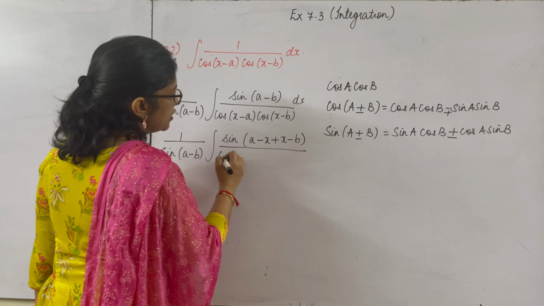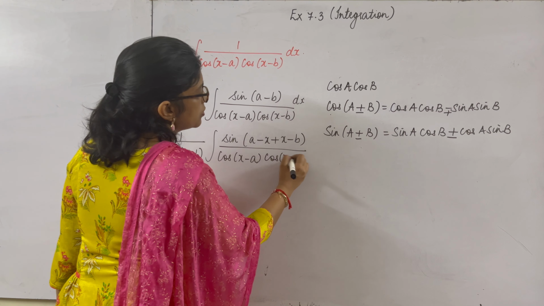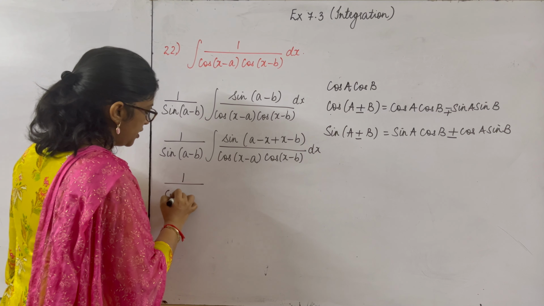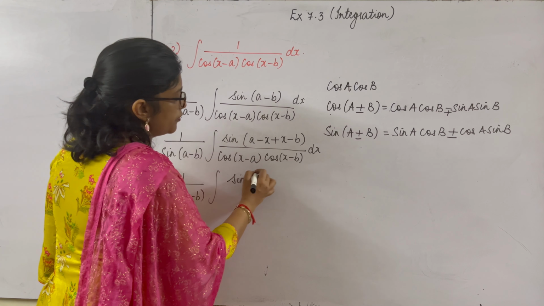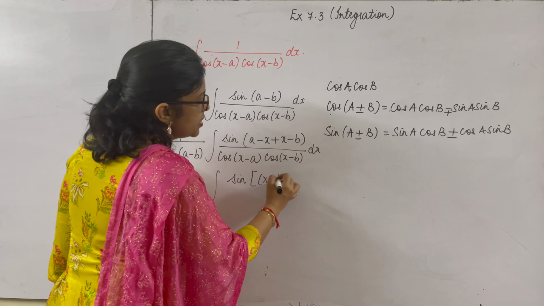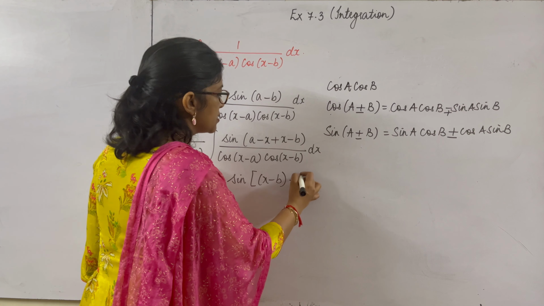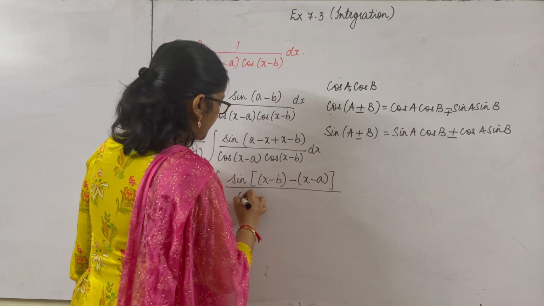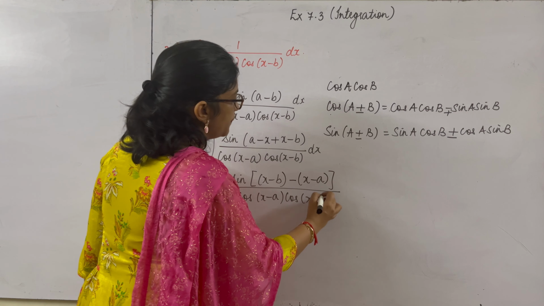That was missing. If we do that, the angles will become similar to the denominator. So a little bit of adjustment here. Sine of, let's put x minus b first, and we don't want a minus x, we want x minus a. So minus sign common, x minus a, over cos x minus a into cos x minus b.